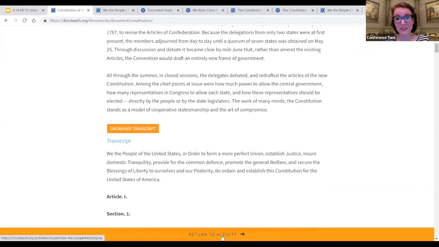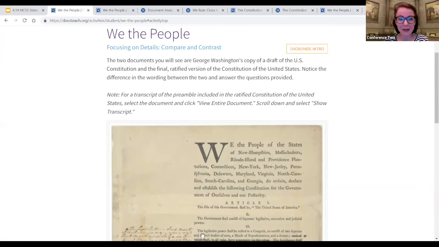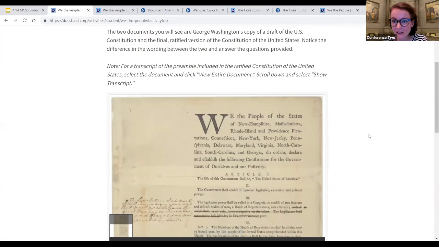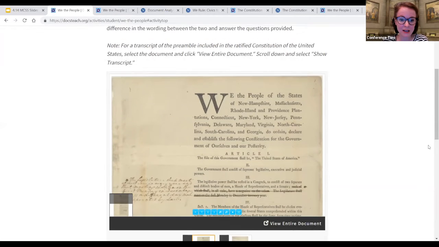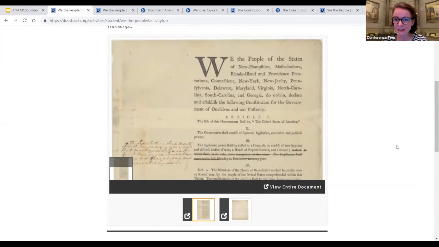We also have a version of this activity for elementary school students that includes a text version of the final version of the preamble. But for now, in that link that I shared with you, take a moment, take a look at the two preambles, and if you wouldn't mind sending in the chat your responses to what is the difference between these two versions.